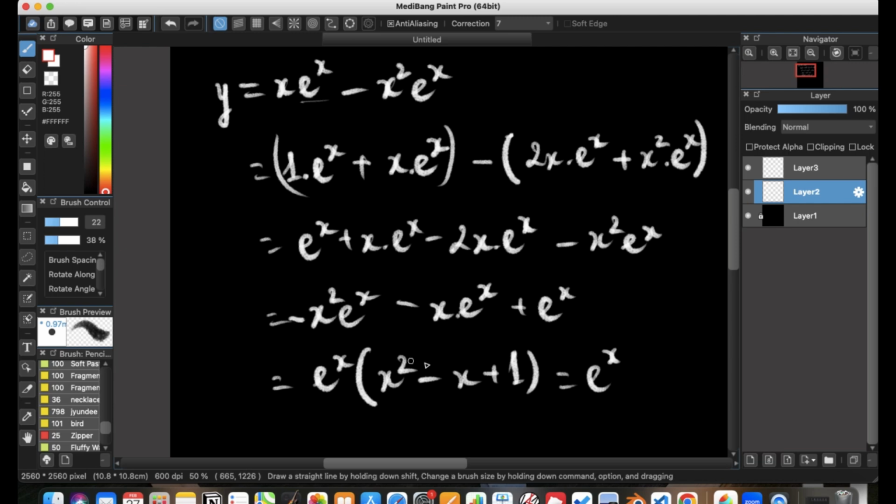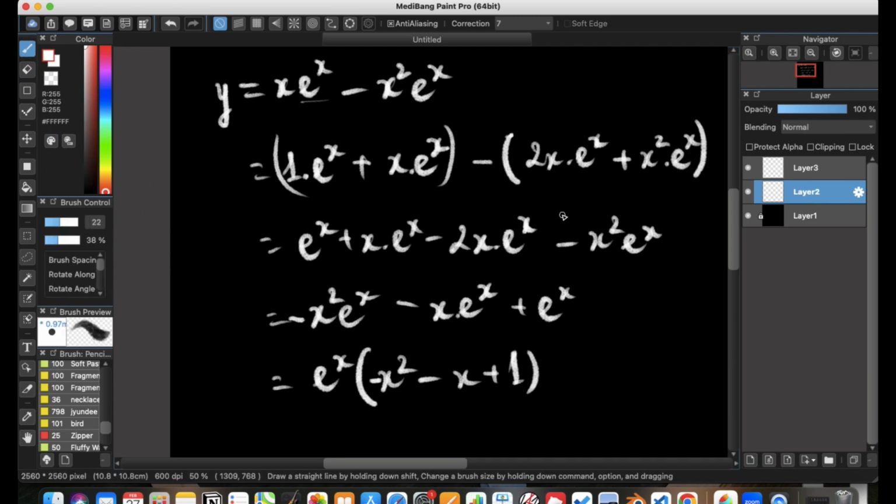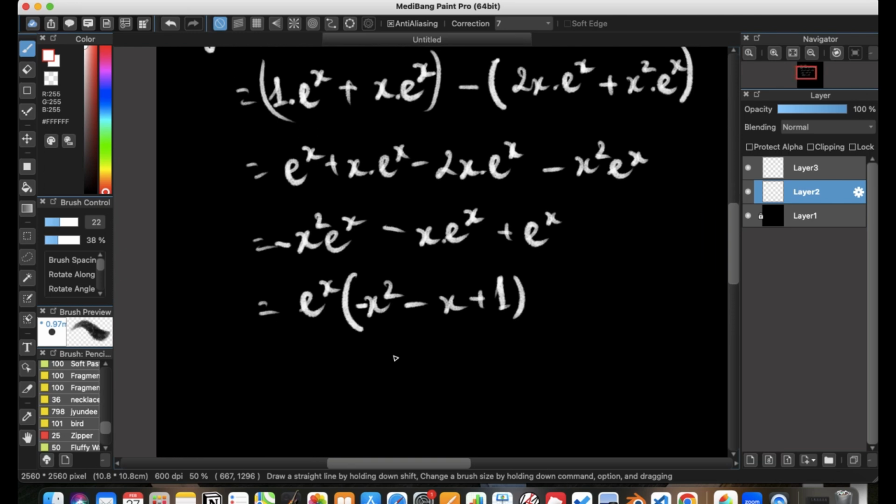Oops, sorry. No, we cannot. We don't have anything after this here. I forgot the minus sign. So this is our final result. This is a minus sign, guys.